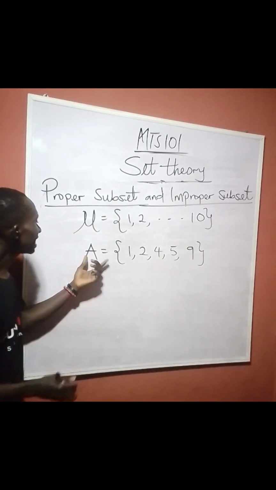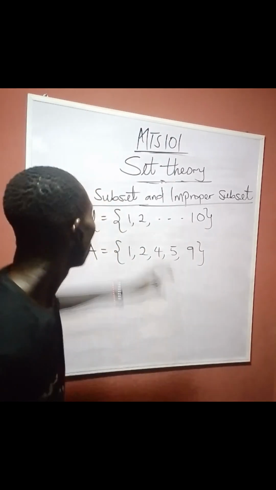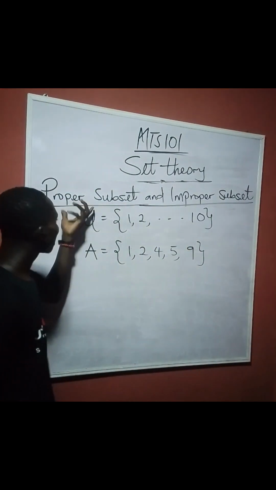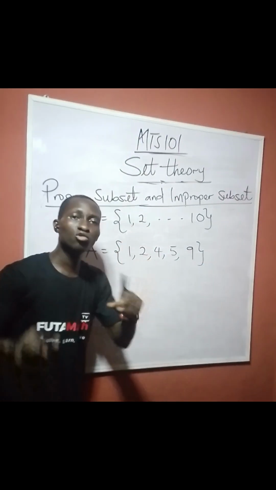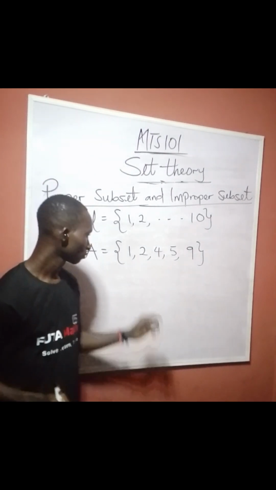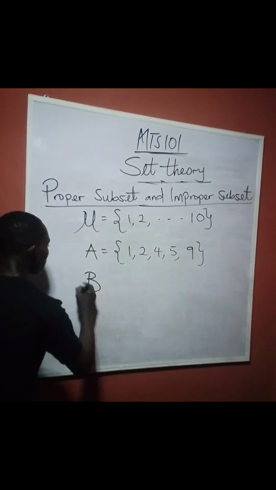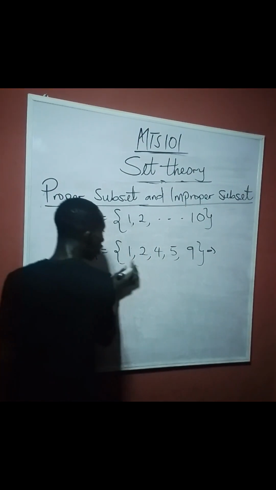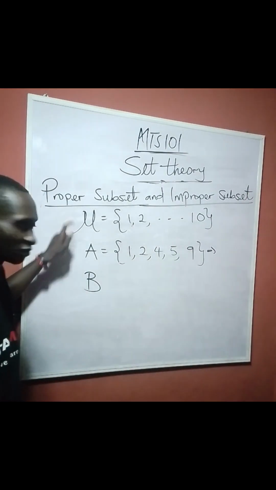Now, this A is a proper subset. A proper subset will contain a fractional part of the universal set. It won't contain all the members. This is a proper subset because all these elements are contained here, and it does not contain the exact elements in the universal set.